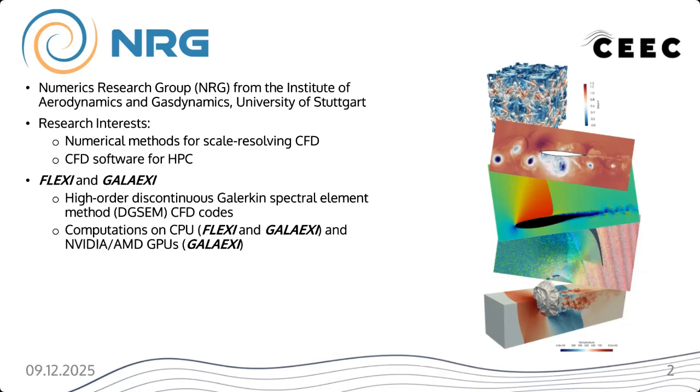FLEXI is the original version of this code. It's 10 plus years old, I think. I honestly don't know how old, far before my time with the group. It is a CPU only, all Fortran code. And GALÆXI, which I will give far more detail on later, is the new GPU accelerated version of this code.